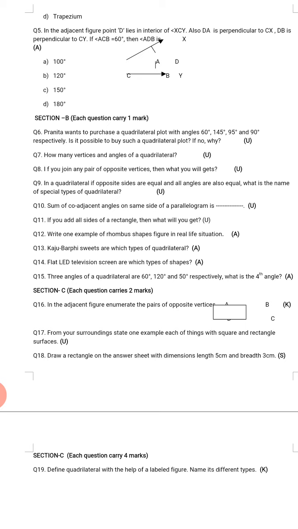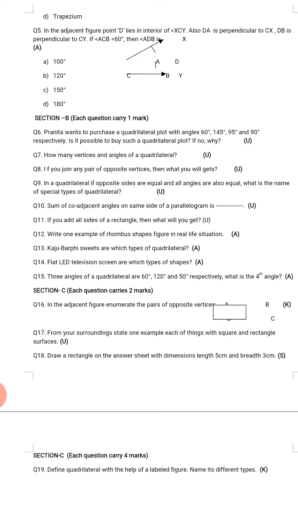I have written U here. So flat surface, square shape and rectangular shape: a tabletop is the rectangular shape and a chess board is square shape. So these are the real life examples.